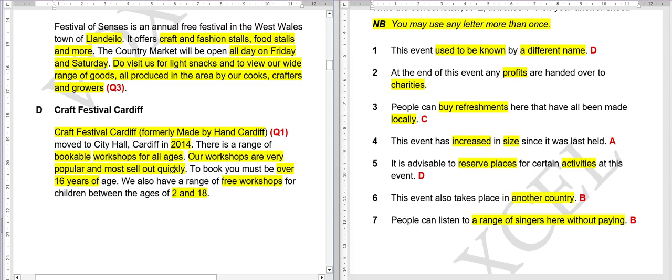So if something sells out quickly, so if you want to have that particular thing, you have to book in advance. So they have also told that if you want to book, you must be over 16 years of age. So this is also about age category. So let me just mark it here.